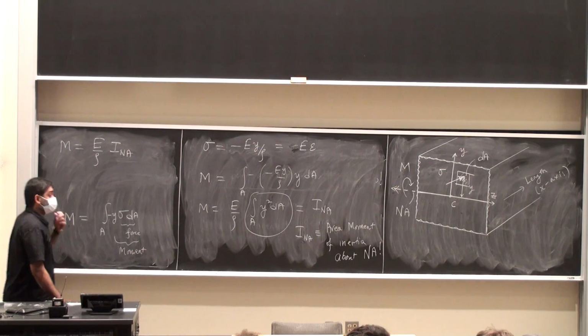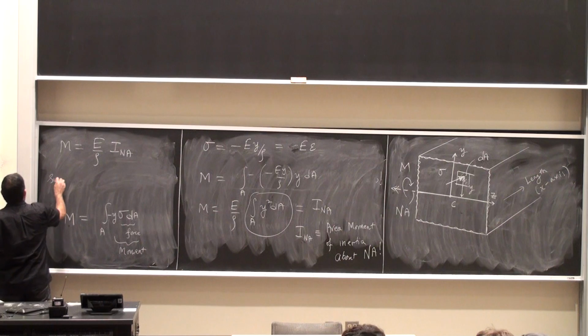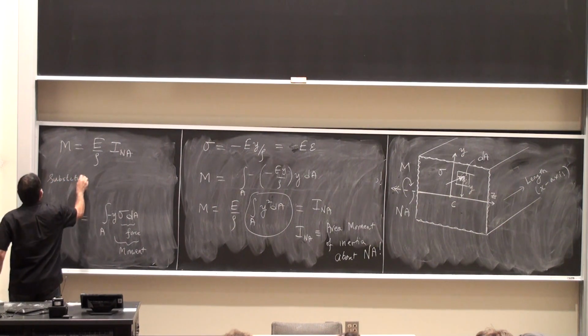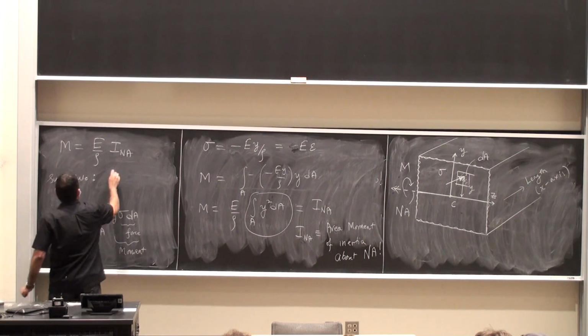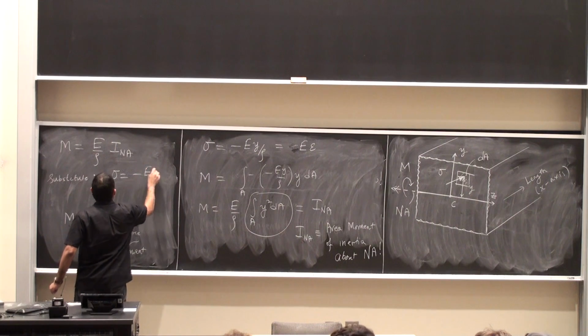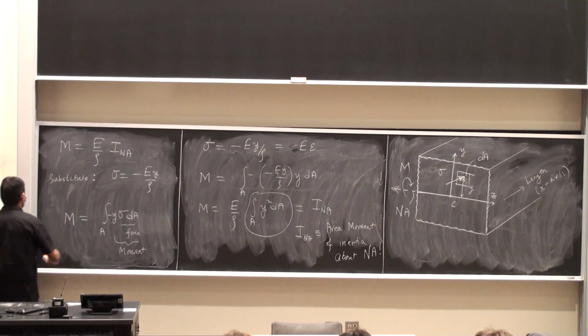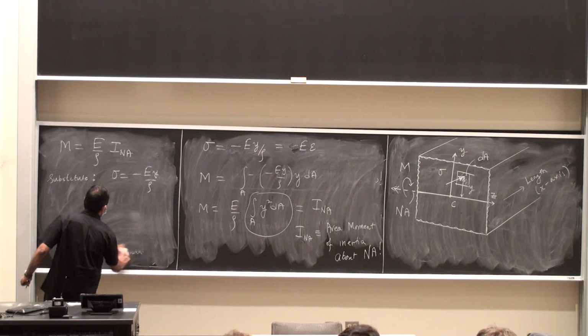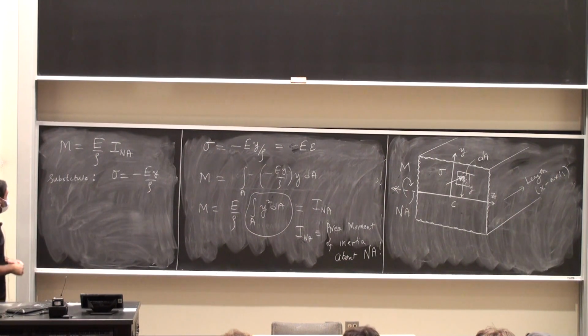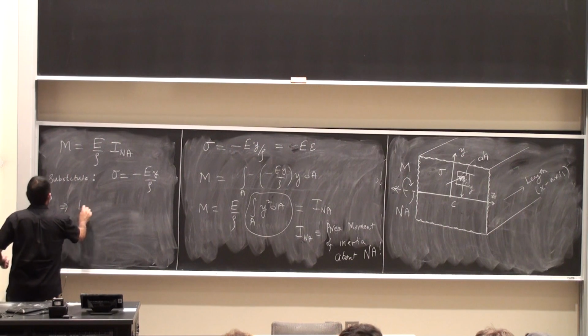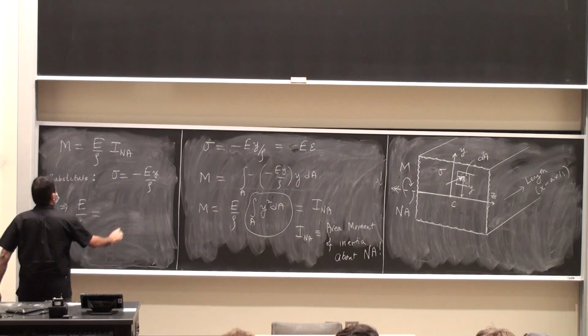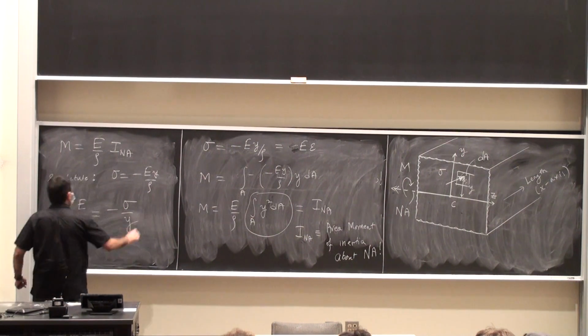So I do the following substitution. Sigma is minus E y by rho, so that E by rho is minus sigma by y.